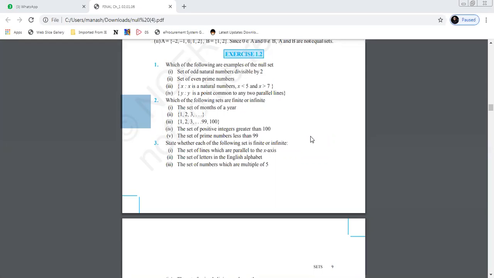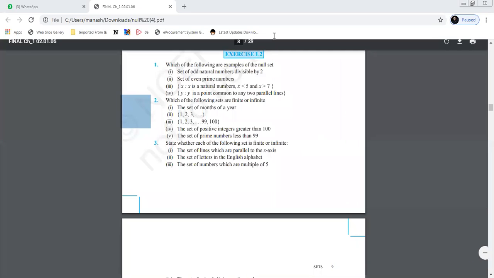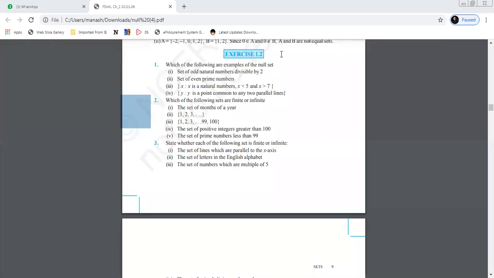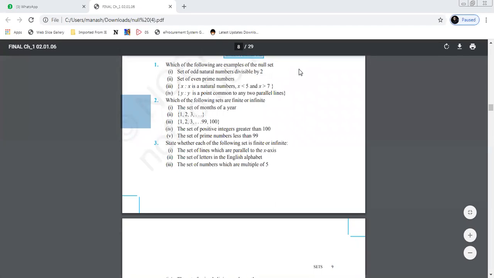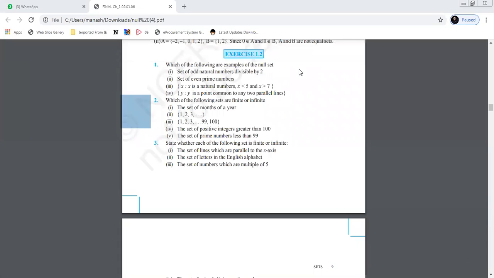Tell me, is this one finite or infinite?